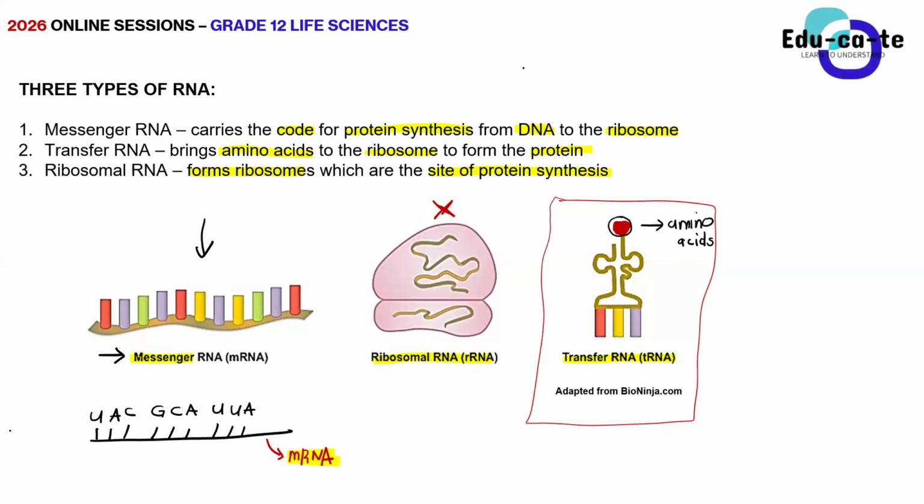So now, one more thing that you need to know to prepare yourself for protein synthesis is that if we have three nitrogenous bases that are consecutive, following each other, we say that those are known as codons. For example, this is uracil, adenine, and cytosine.